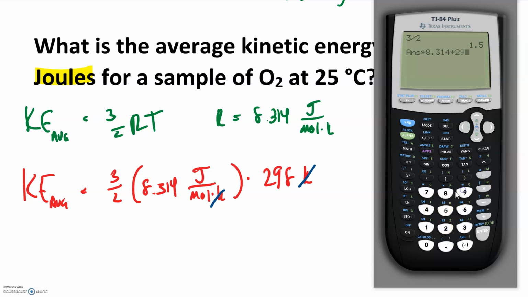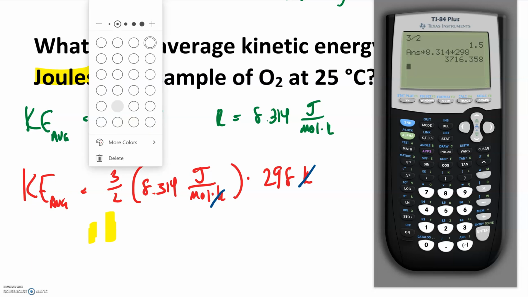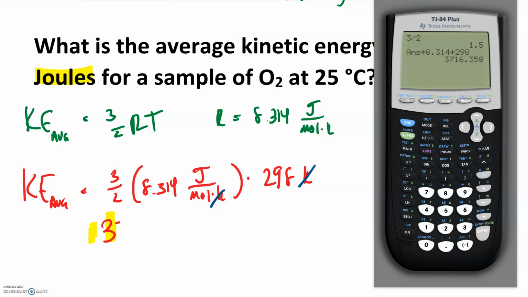And here is our answer in joules per mole, 3,716.4, we'll call that. So 3,716.4 joules per mole.